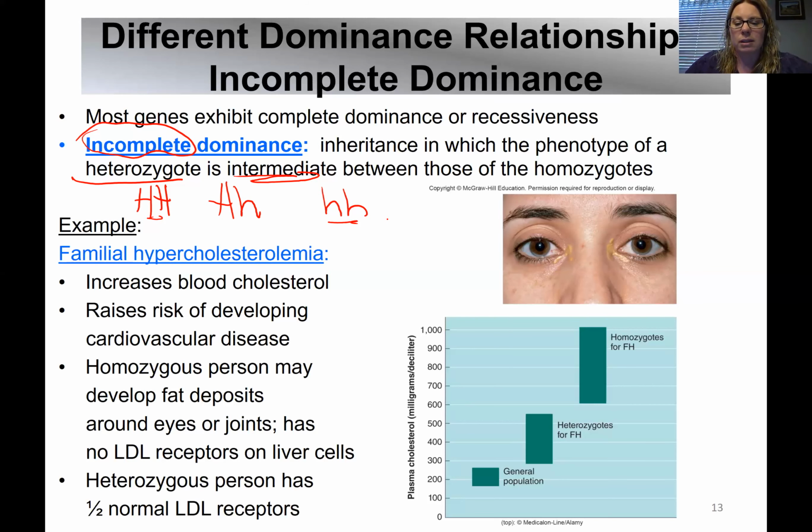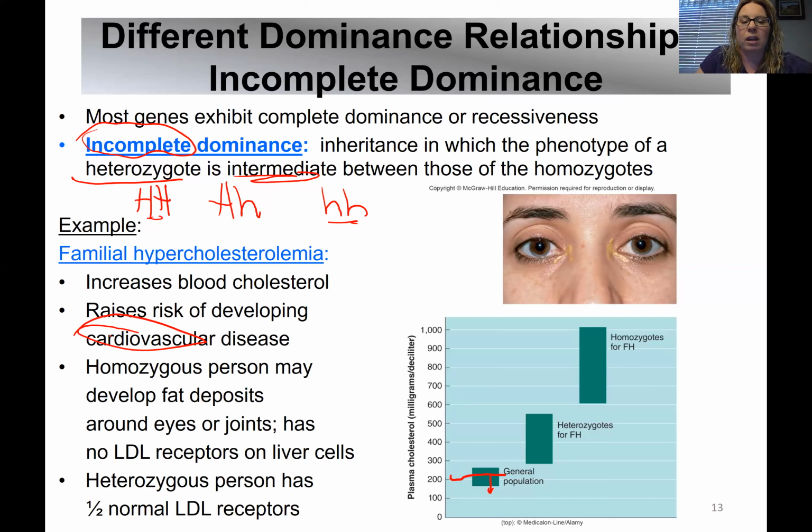So 200 is the recommended number for health, to prevent cardiovascular disease. You're going to want this number to be below that. Having high cholesterol can cause heart problems, cardiovascular disease.